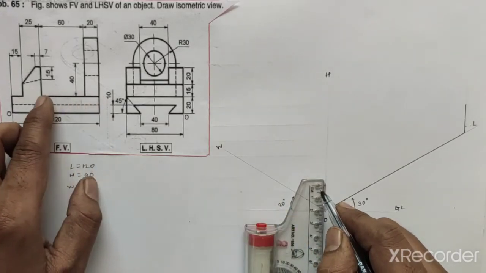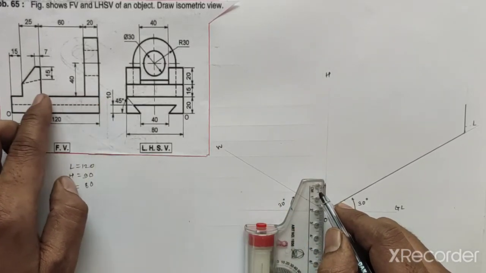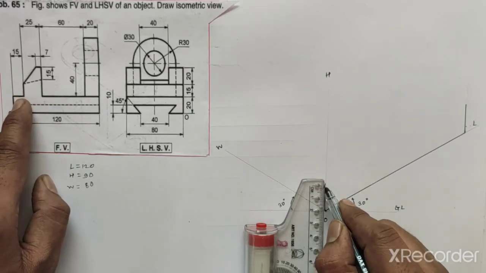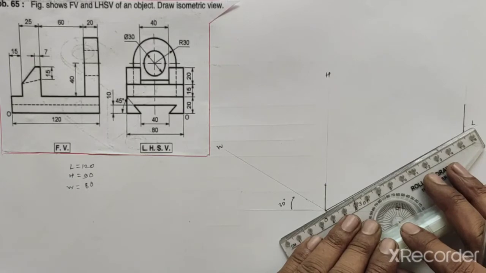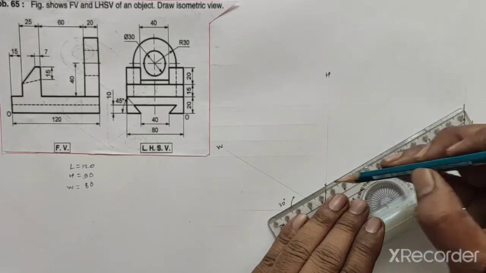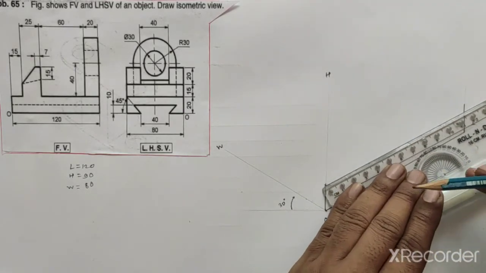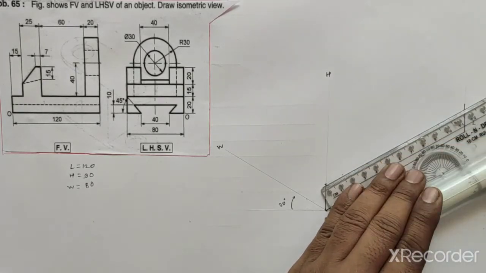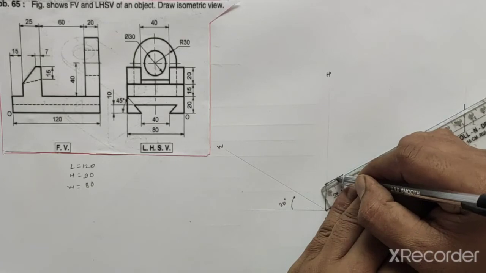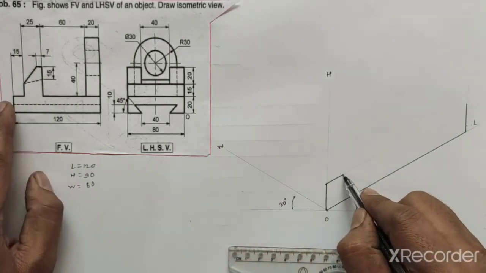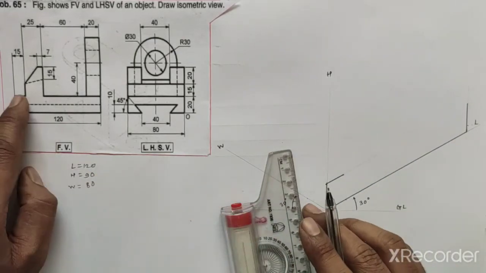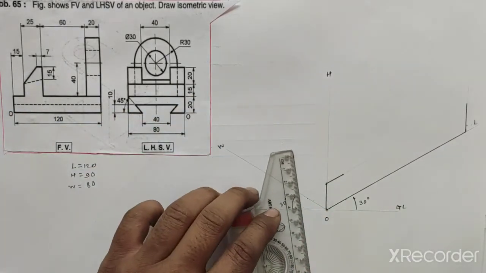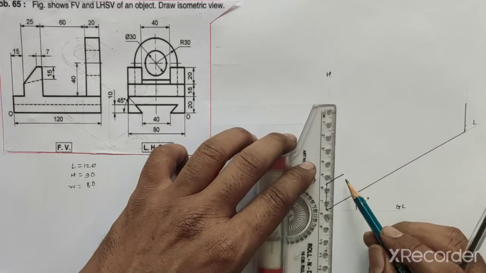We don't know this distance, it is required to calculate. So start with this end, this is 20 mm. Then horizontal distance 15 mm parallel to length. Draw the faint line parallel to length, 15 mm. Then again vertical line, vertical height given 15 mm, parallel to height.